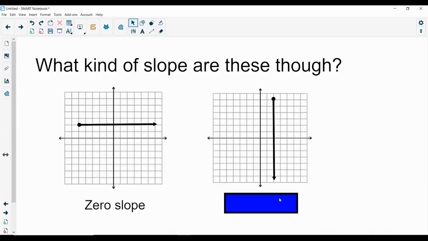This type of slope is undefined because, again, it is going up or down, but it's not at an angle. So when you see a line like this, you know it's undefined. So in math class, you may see positive, negative, or zero and undefined slopes. It just depends on what the math tells you.